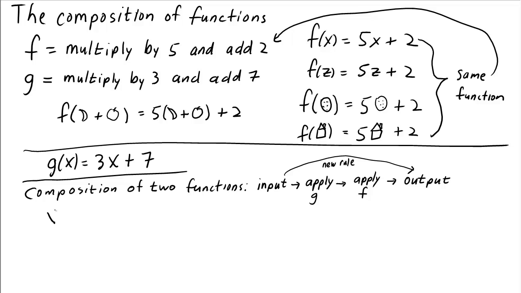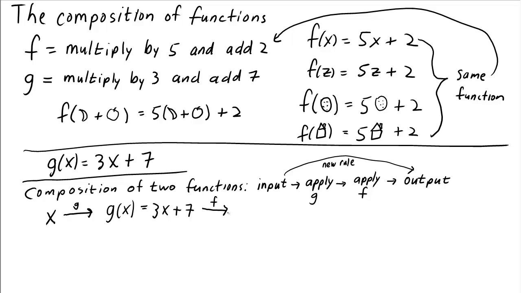So let's say our input is x. If we put x into g, what comes out? Well, what comes out is g of x, or 3 times x plus 7. Now let's say we want to apply f. What do we have to put into f?